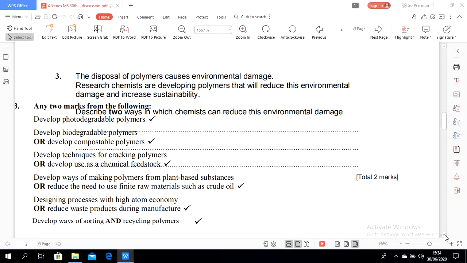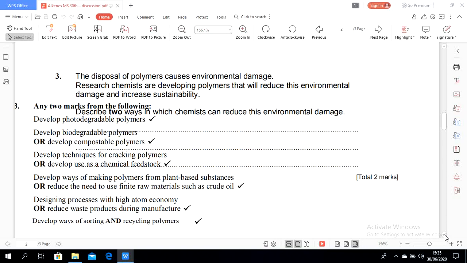And then next, we can use the technique of cracking polymers or using chemical feedstock. What is the common chemical feedstock? It is from naphtha. And then there is still another way, making polymers from plant-based substances. There is much research, in high school level and also in university level, on how to make an artificial plastic bag from cornstarch, from other starch, from plant-based materials.